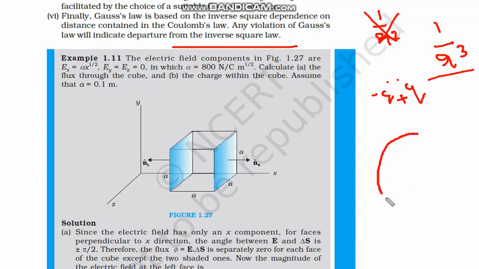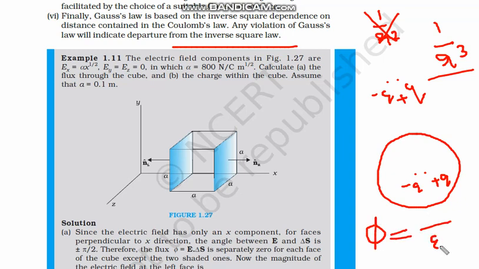Again, let us see if there is a dipole inside this sphere. So this is minus q and this is positive q. For Gauss law, total flux is equal to charge enclosed upon epsilon naught. Total charge enclosed is minus and positive, hence 0.